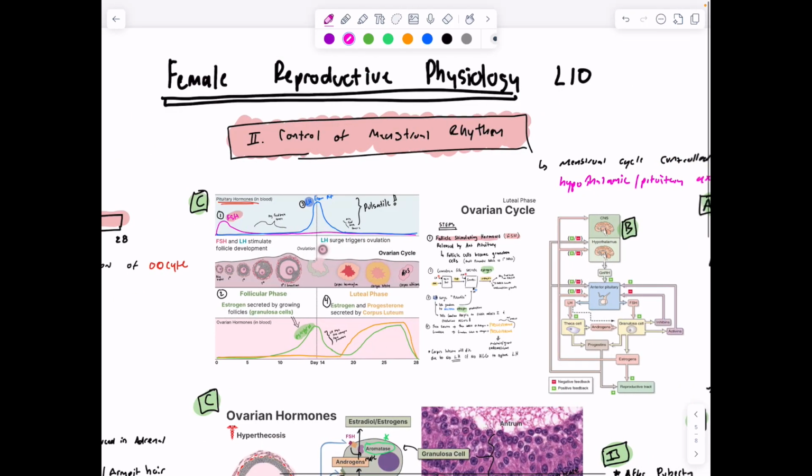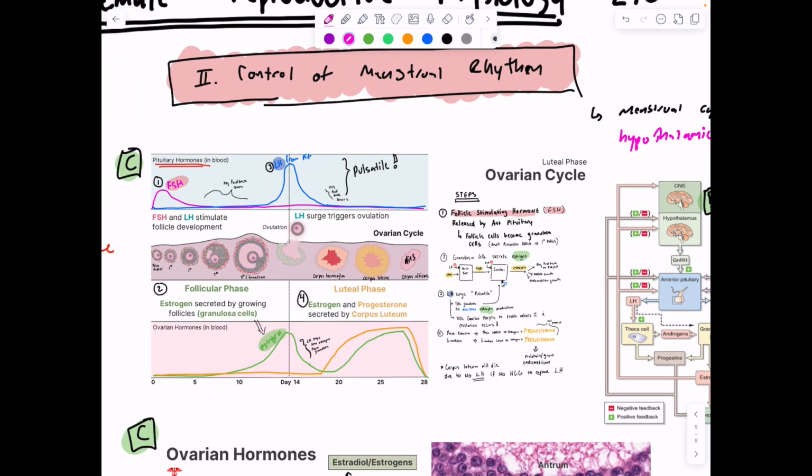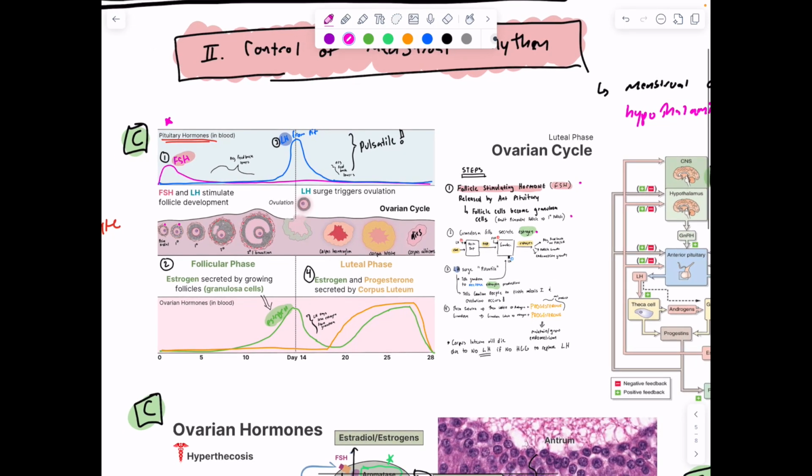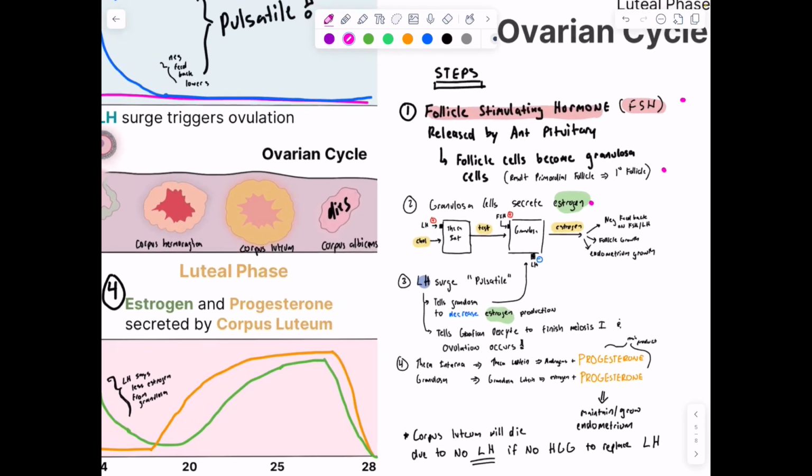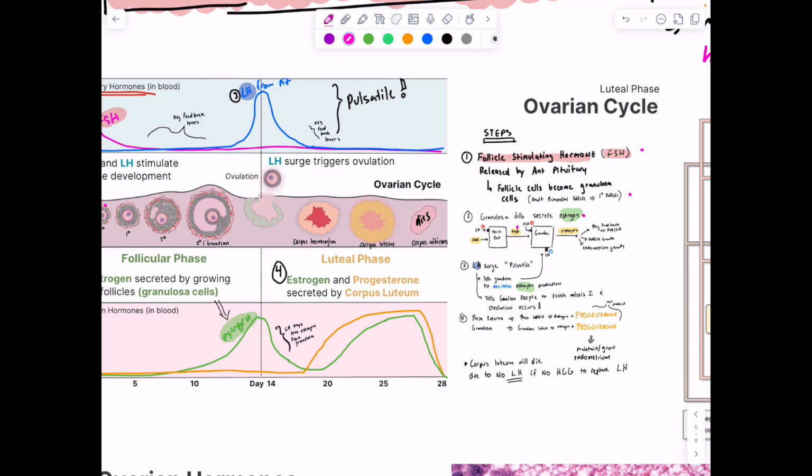All right, so we've talked about this in the histo lecture, so I don't want to go over too much, but this is the ovarian cycle again. First stage is the pulsatile release of FSH, follicle stimulating hormone. It causes our follicle cells to become granulosa cells, and those granulosa cells will be able to secrete estrogen. The granulosa cells take in FSH, take in testosterone, and produce estrogen with aromatase.